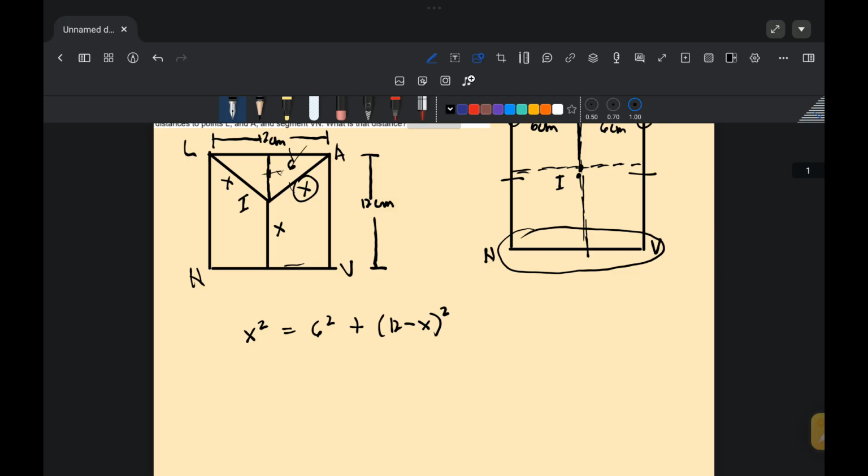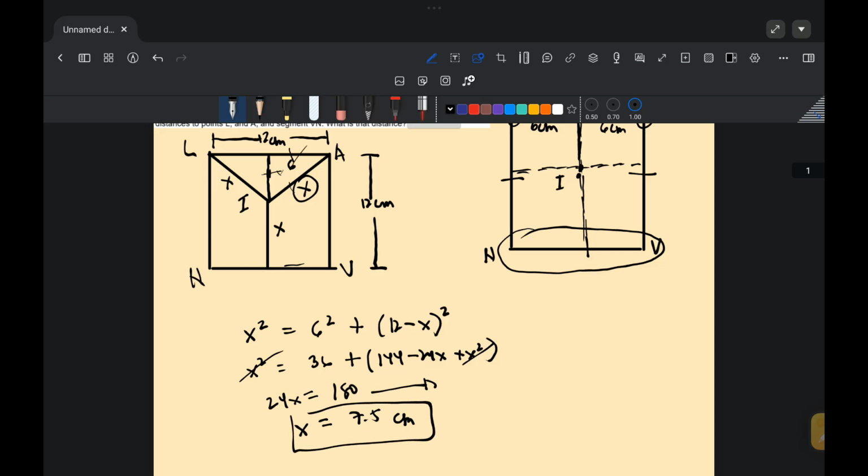So X squared is equal to 36 plus (12 minus X) squared, and expanding this, 144 minus 24x plus x squared. Simplifying it again, x squared will be cancelled, then 24x equals 36 plus 144, which is 180, and x is equal to 7.5 cm.